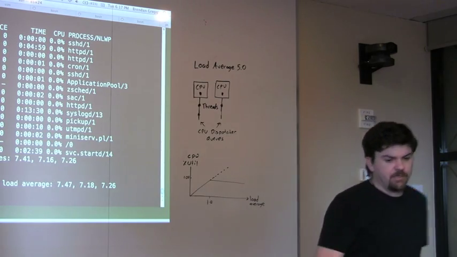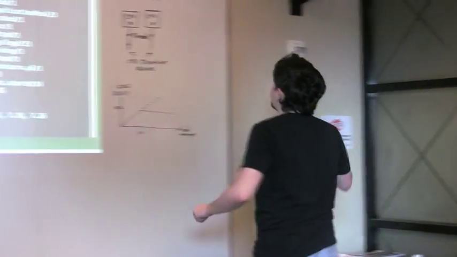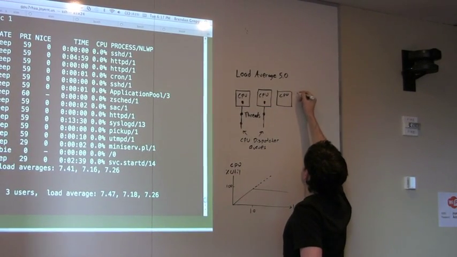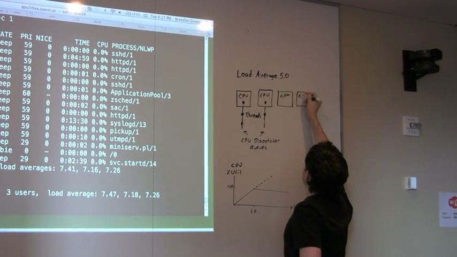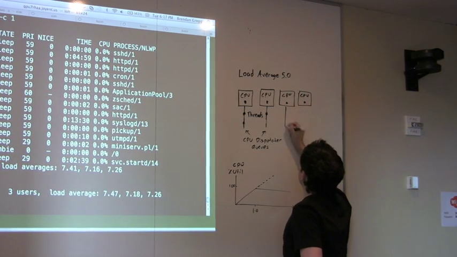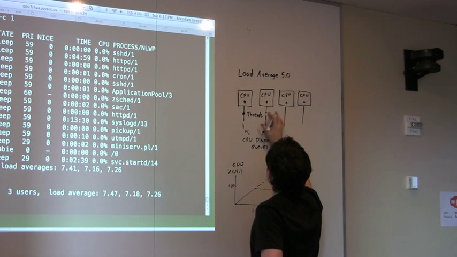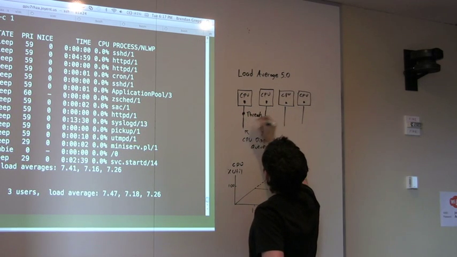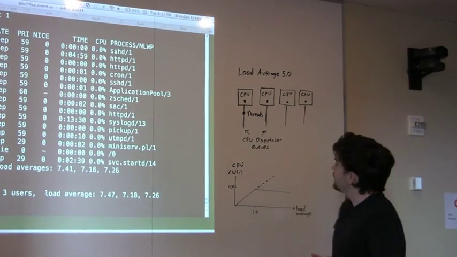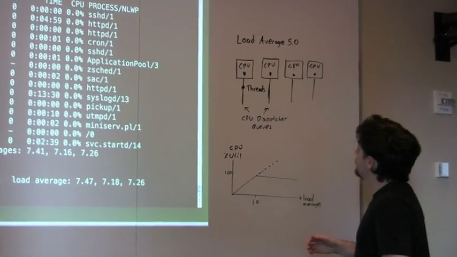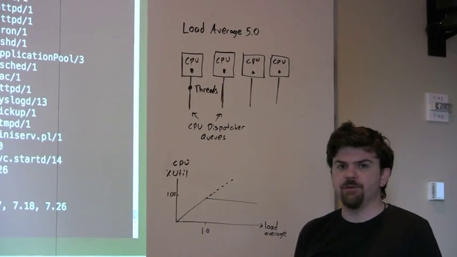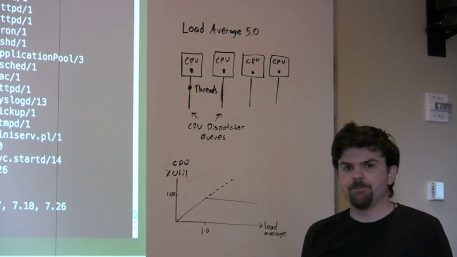Now, to explain this, I'll add a couple more CPUs so that we can see what happens, while keeping the load average 5. So, if this was a 4 CPU box and the load average was 5.0, then you would have 1 thread on average always on each CPU, and only 1 thread queued up.